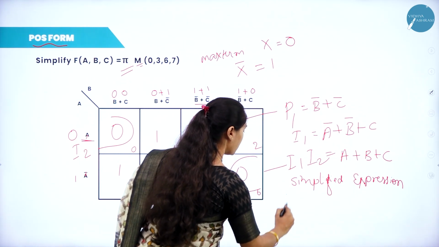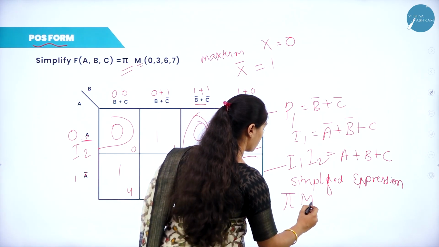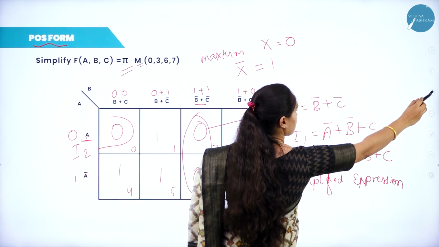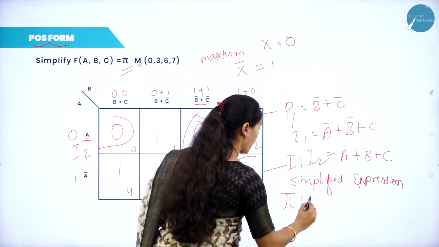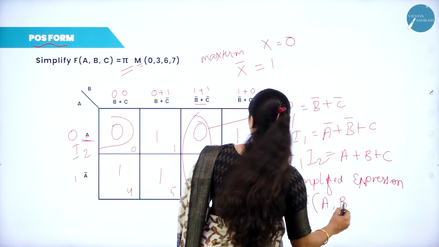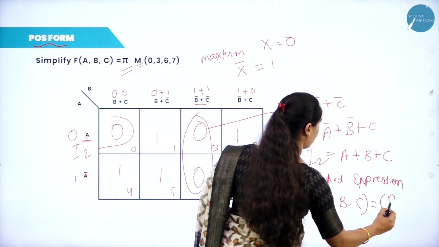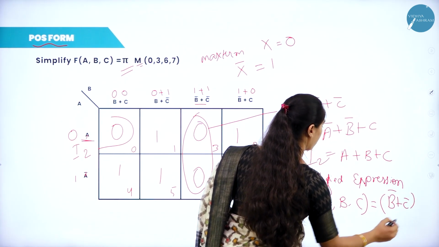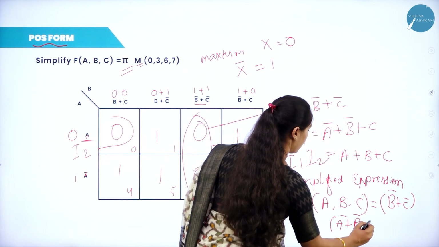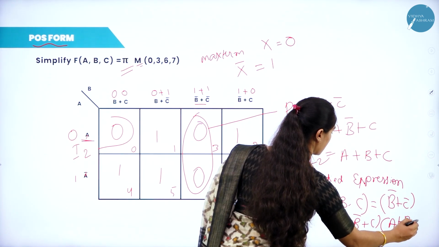So simplified, pi of m, or whatever the variable they have used, that is, let me change it: pi of f of a, b, c is equal to, what is the first variable? B bar plus C bar into A bar plus B bar plus C into A plus B plus C.